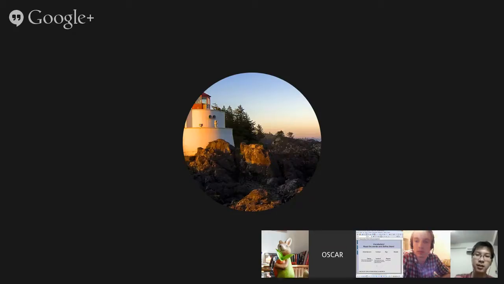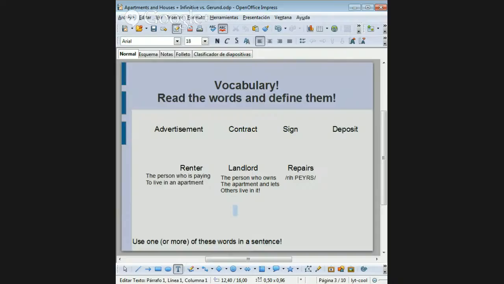About the word sign. Does it mean the signature or not? Yeah, so it could mean sign. To sign is to write your name.